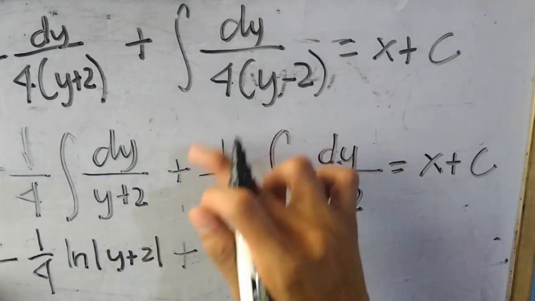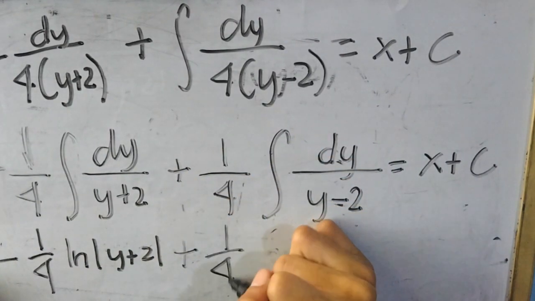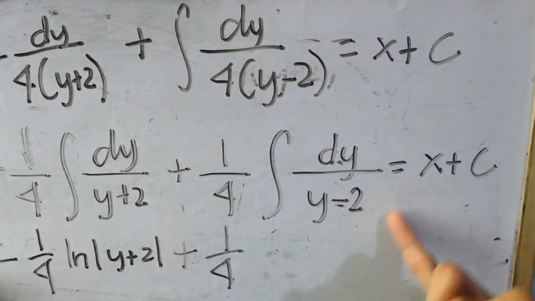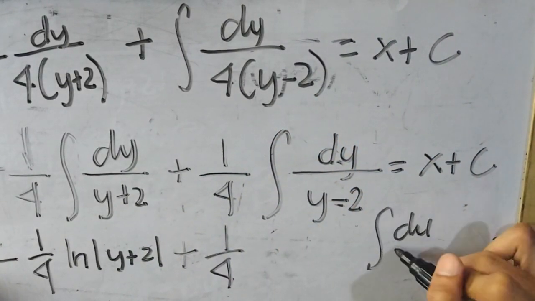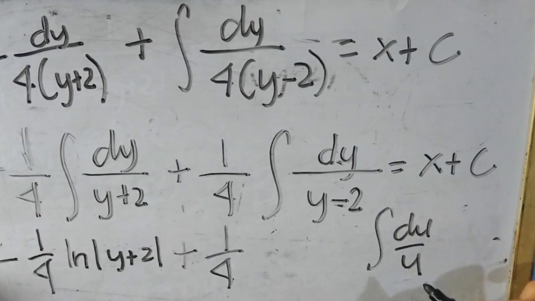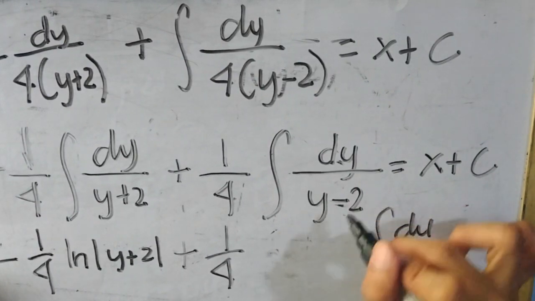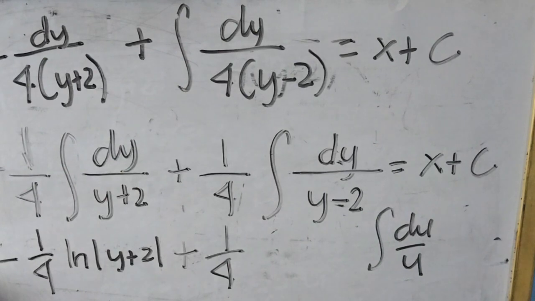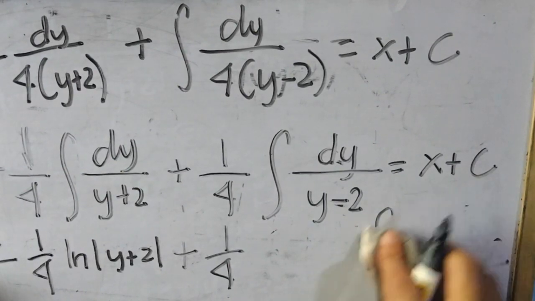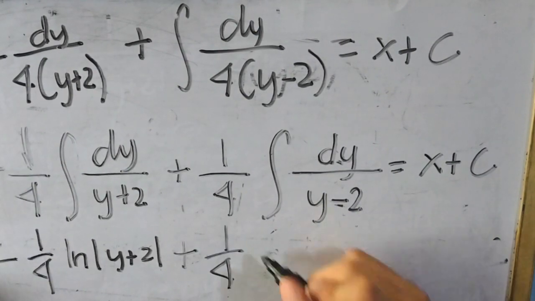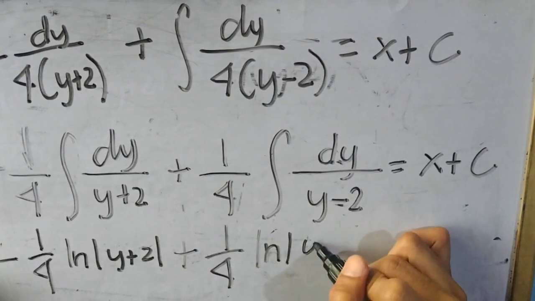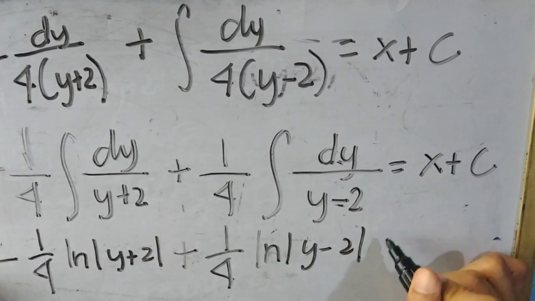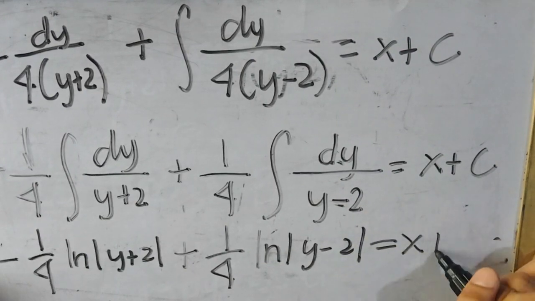Plus this, copy 1/4. This is also equal to the integral of du over u, where y minus 2 is u. So therefore it is ln u, which is y minus 2, then it is equal to x plus c.